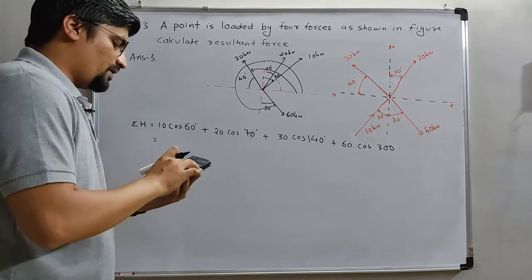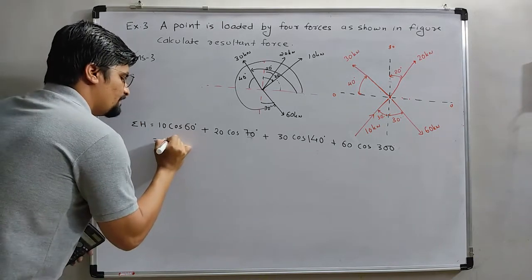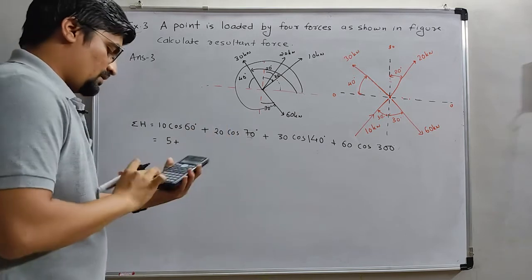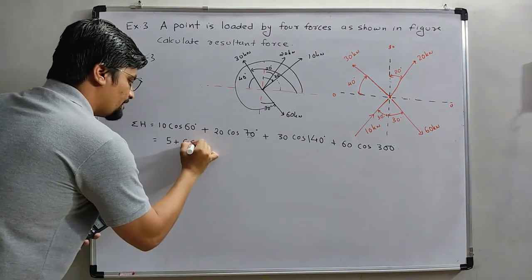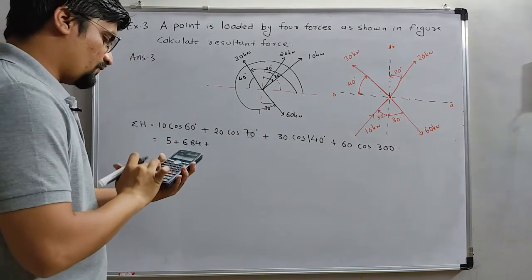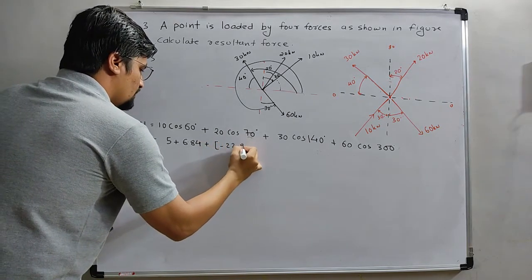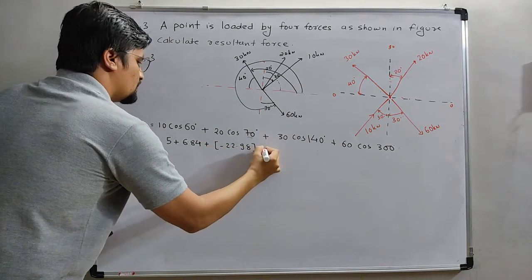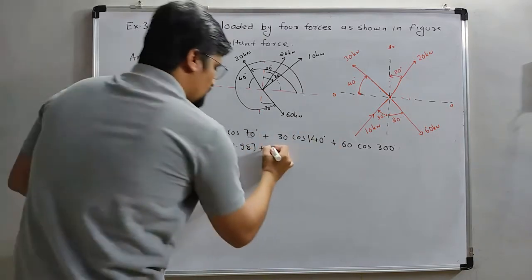So by solving this we get 10 cos 60 means 5, plus 20 cos 70 means 6.84, plus 30 cos 140 means minus 22.98, plus 60 cos 300 means 30.